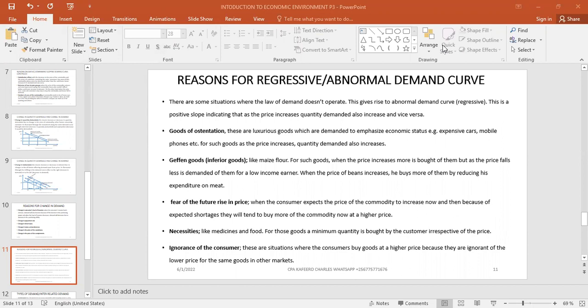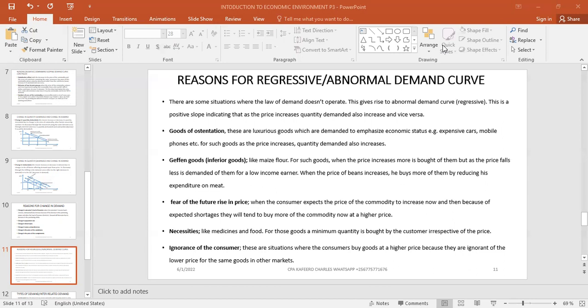Why? Because they want to show their economic status or how well they are. So when the price is increasing, the demand is increasing, which violates the law of demand, which qualifies that point to be under the abnormal demand curve.